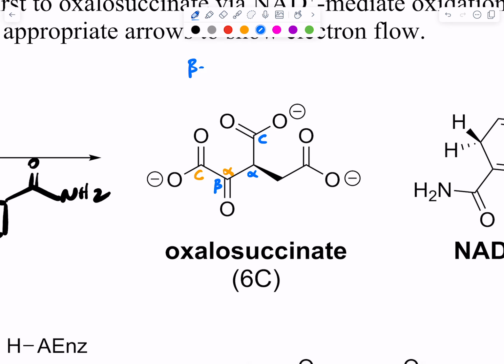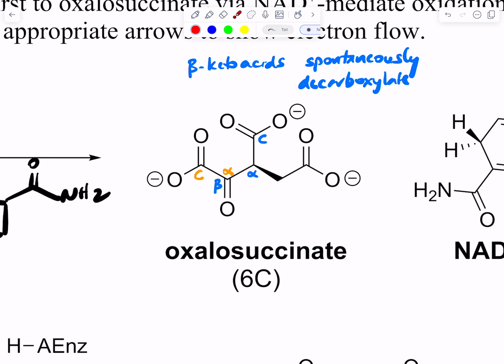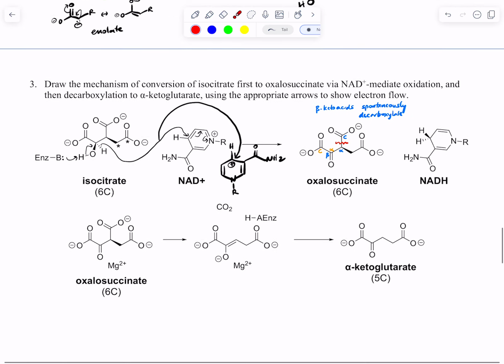And recall that beta keto acids spontaneously decarboxylate, and the reason they do is because the blue alpha carbon is a good leaving group. We're going to break this bond between the carbonyl carbon and the blue alpha carbon. And the thing that makes the blue alpha carbon a good leaving group is the presence of the beta keto group. So let's show you how this is.